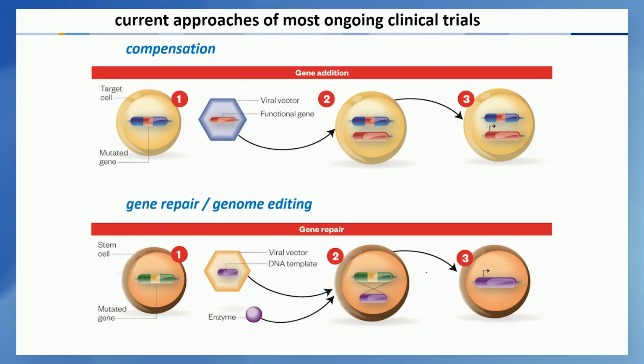Or you repair the defect, if you know where it is, for example by using CRISPR-Cas genome editing, which would be the most elegant way to approach it, if you have the methods. And for many, many years, we didn't have them. So in future, we're going to focus more and more on doing real gene repair.